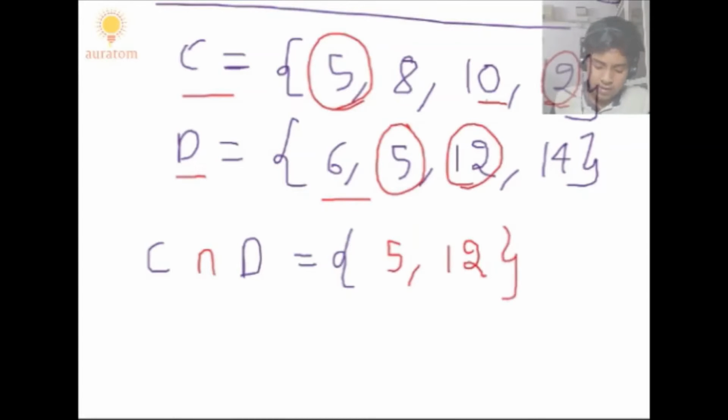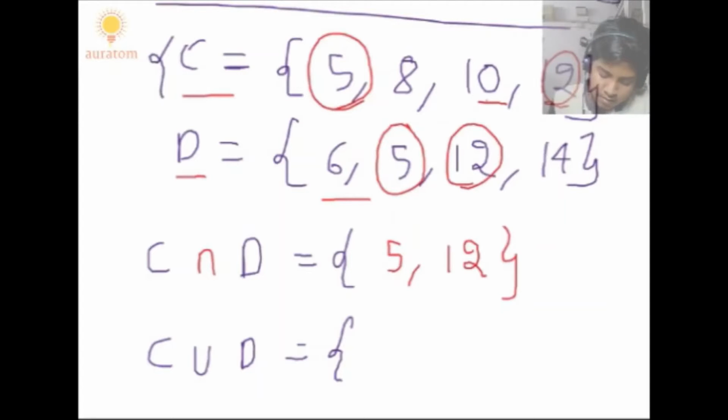Now let's define C union D. This set contains all the elements that are in C or D. So we kind of add the sets C and D, right? We add the elements from here and then from here.